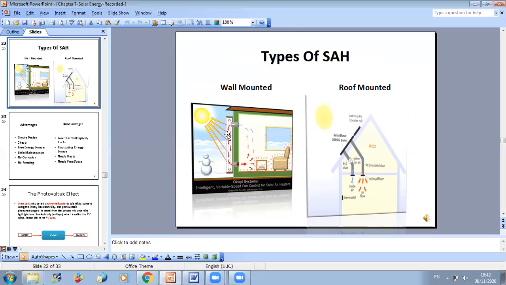You can use them in winter to heat your space, because you take cold air from your room, and when it goes through your facade, it will be heated, and then it can be supplied back to your system for heating purposes. It can also be roof mounted, so you should put it in a location where it can absorb solar energy. It can be at the roof, or on a facade exposed to the sun, etc.